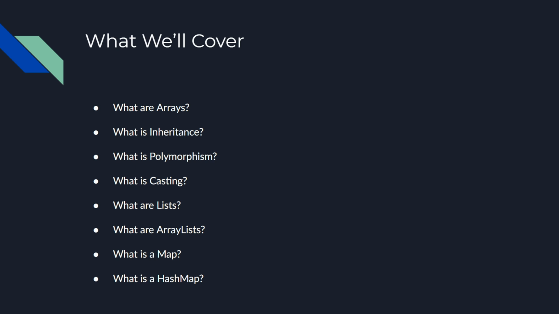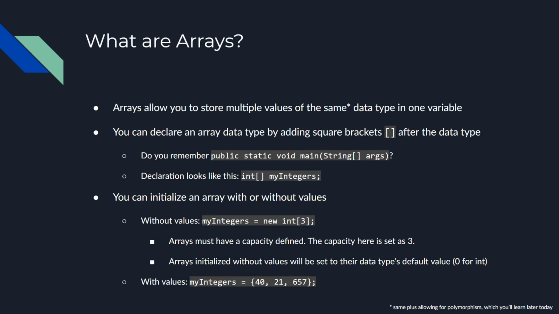Cool. All right, let's get started. So what are arrays? Arrays, to put it very simply, are ways to store multiple items of data in one variable. More specifically, in Java, all of the items that you store in the array must be the same data type.